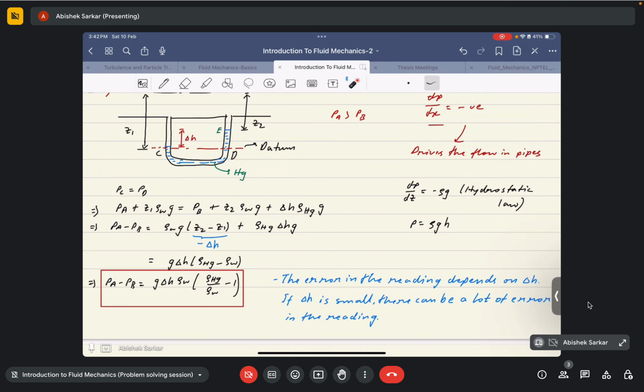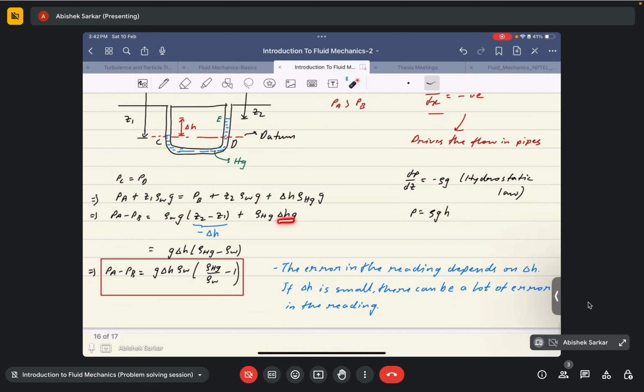Yes, sir. Then finally, since delta H is common in both these terms, take out g delta H into (rho Hg minus rho W). So PA minus PB will be equal to g delta H, take rho W common, rho W into (rho Hg by rho W minus 1).